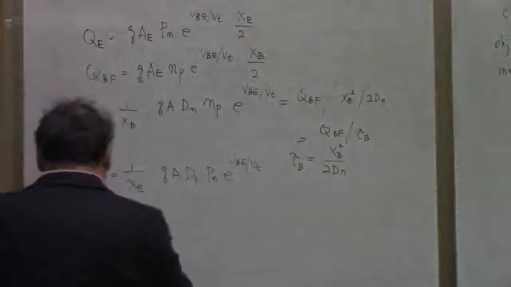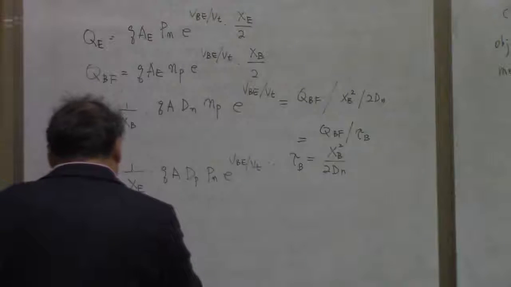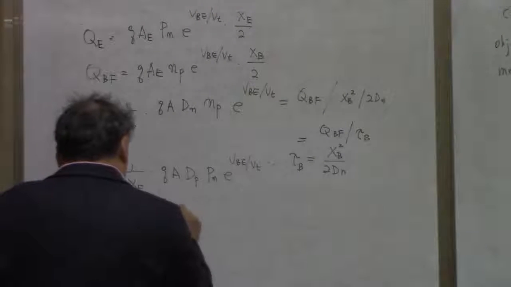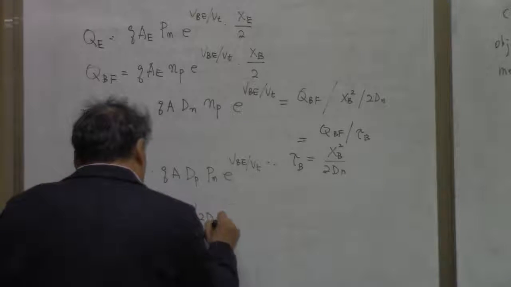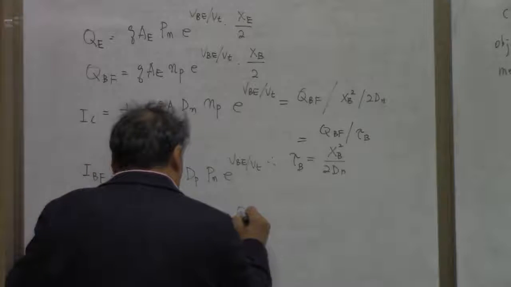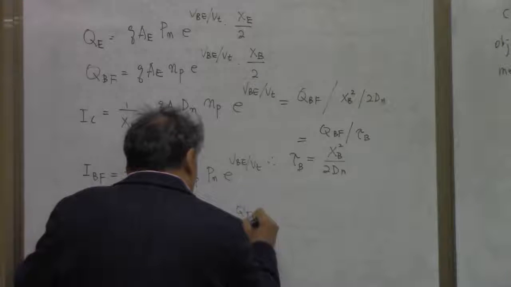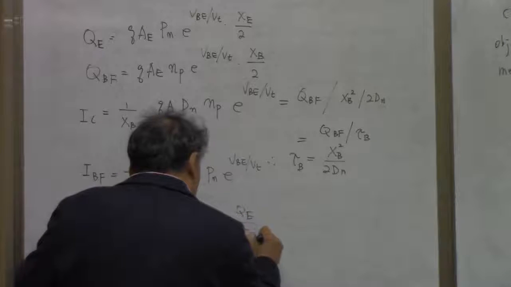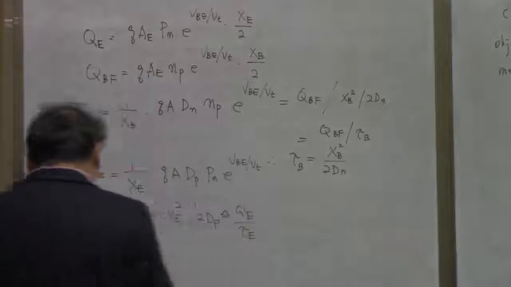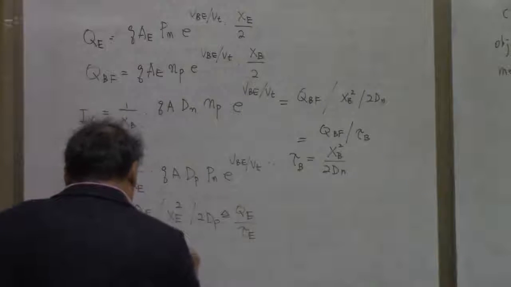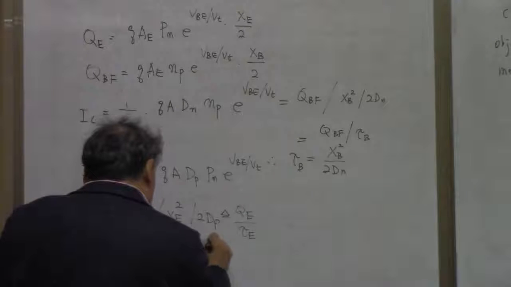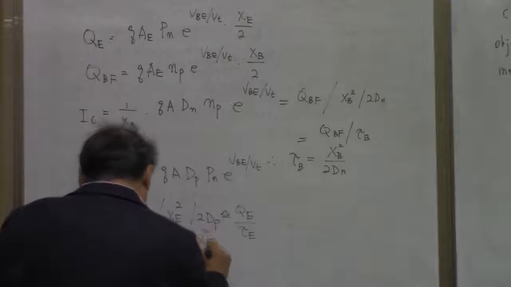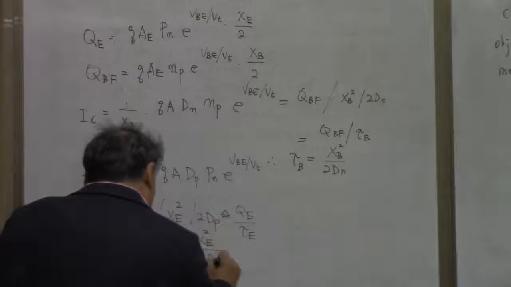Okay, and this thing is XE square over 2dP, and that is QE over tau E by definition, so that now tau E is nothing but 2dP.